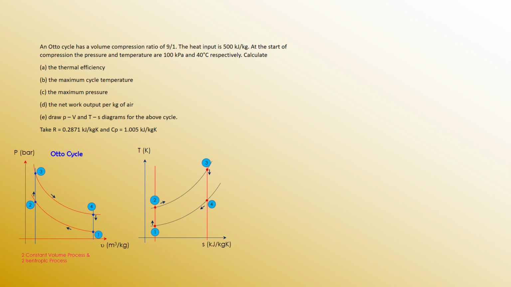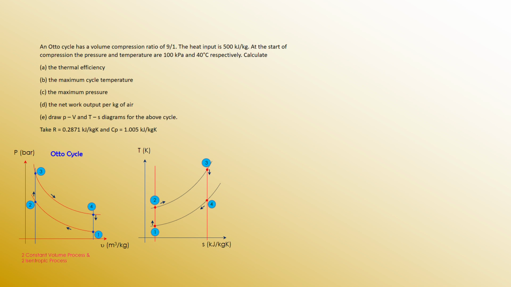Now when they say heat supply or heat input, it needs to refer to 2 to 3. It is best to refer to the TS diagram. State 2 to state 3 shows an increase in entropy, but it is not 1 to 2 or 3 to 4, because 1 to 2 and 3 to 4 are isentropic processes, so they shouldn't have any heat transfer involved.